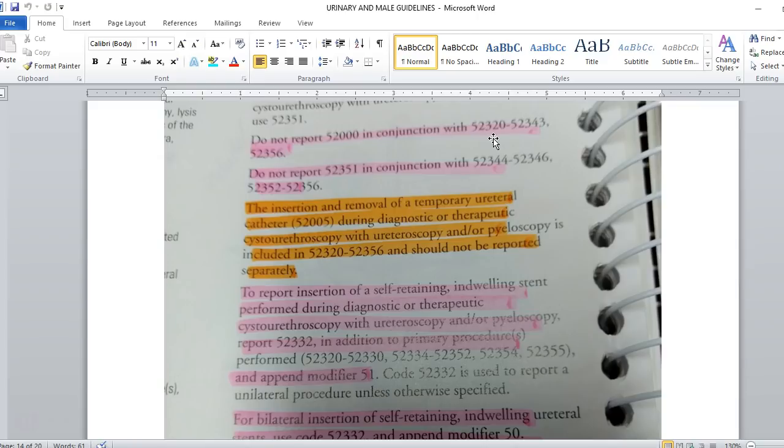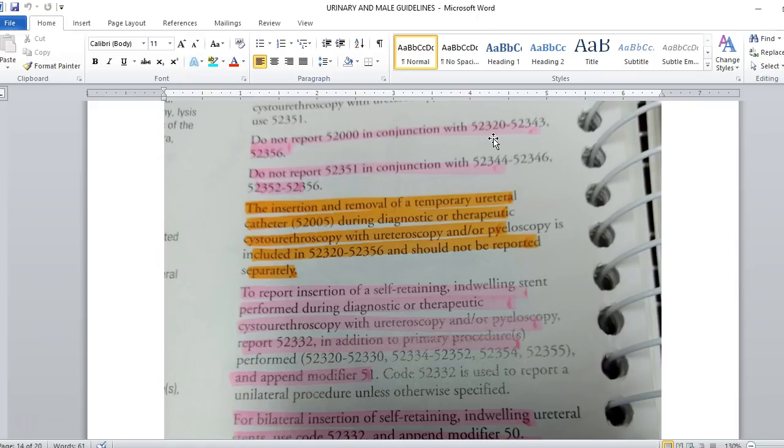So it goes on to let us know the insertion and removal of a temporary ureteral catheter during a diagnostic or therapeutic cystourethroscopy and/or ureteroscopy and/or pyeloscopy is included in 52320 to 52356 and should not be reported separately. So again, if we're just doing a temporary catheter during that point, then that is included because it is temporary.